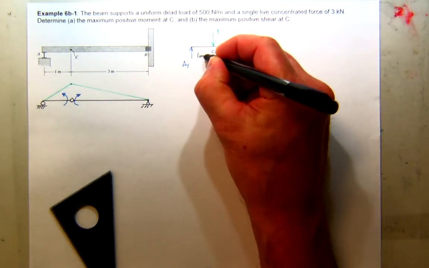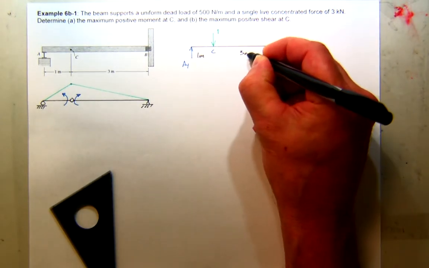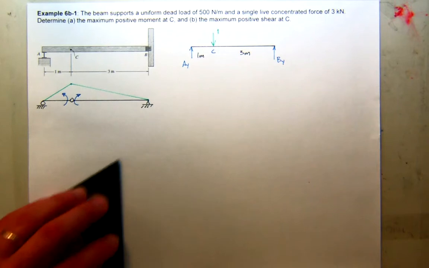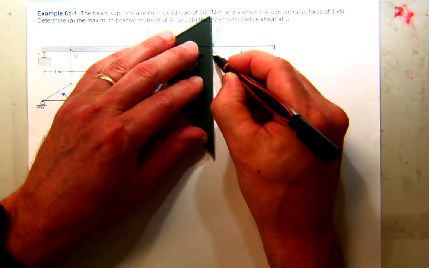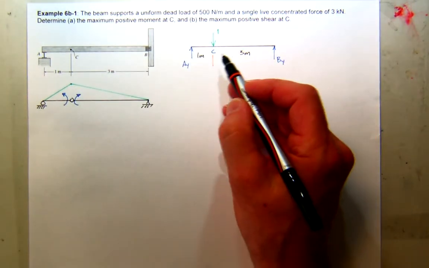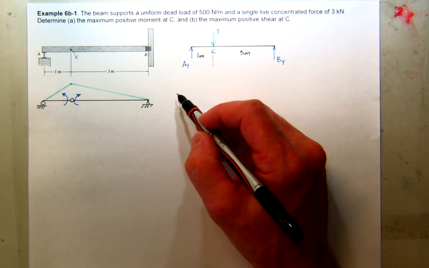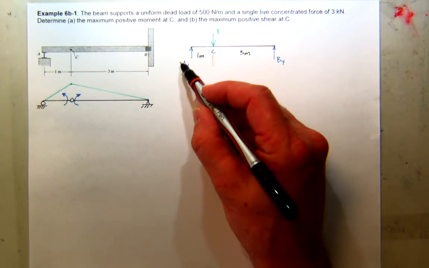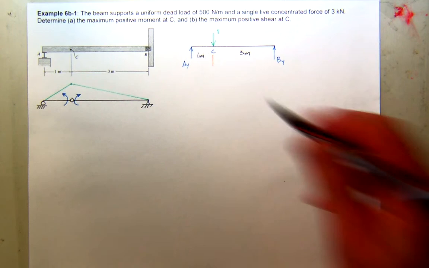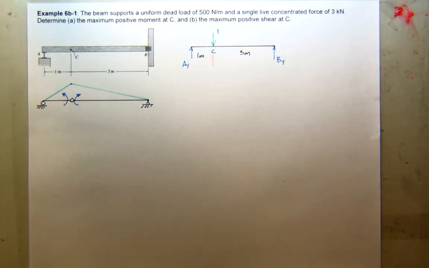This is 1 meter and 3 meters. So I'm going to eventually come back and cut the structure here at C. You guys want to work the left side or the right side? Left? Okay, so that means we need to know the reaction at A.